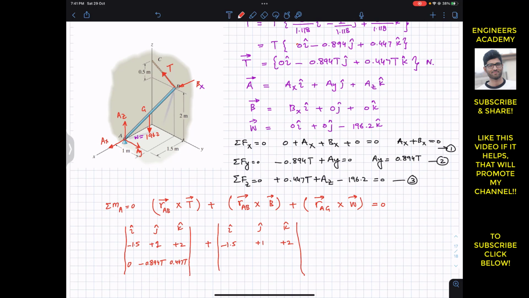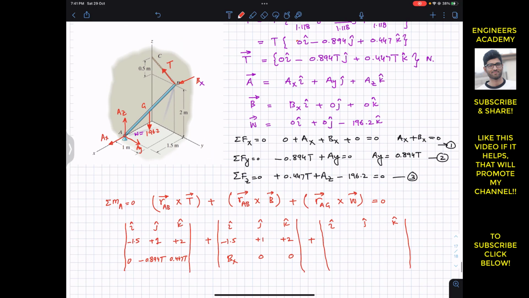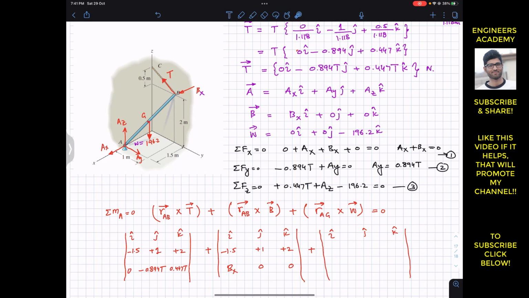So we will write Bx, 0 and 0. Similarly plus, and then we will write i, j and k.